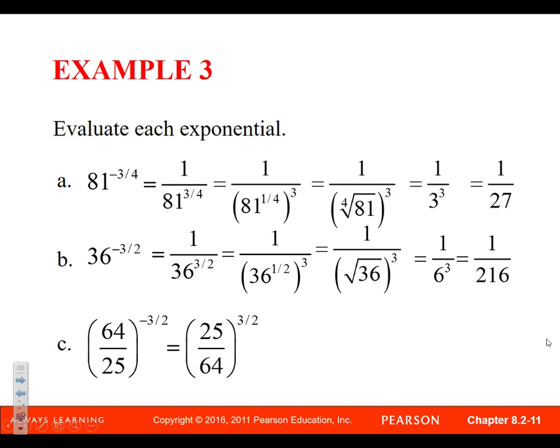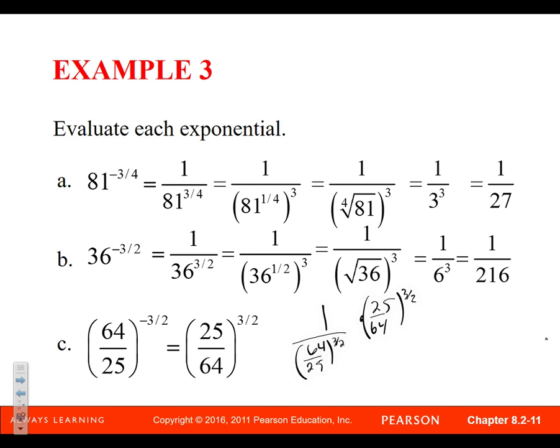Here's what's happening. Let's say you do have that 64, and I bring it to the bottom, right? That means you're going to have 64 over 25 to the 3/2, correct? But can you really divide by a fraction? No, so what's going to happen? You kind of do that flip, right? So when you flip this, you're going to multiply by 25 over 64, but that's still 3/2.